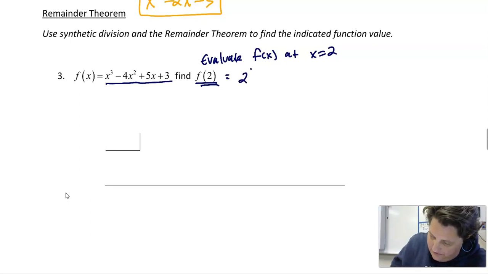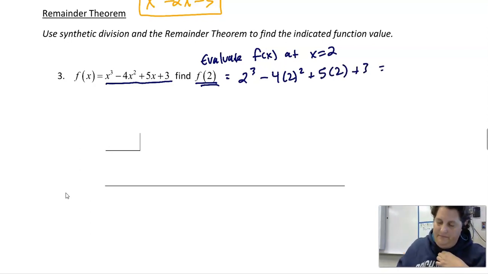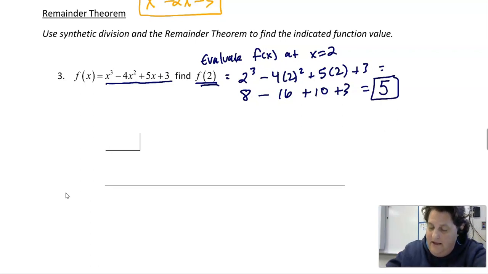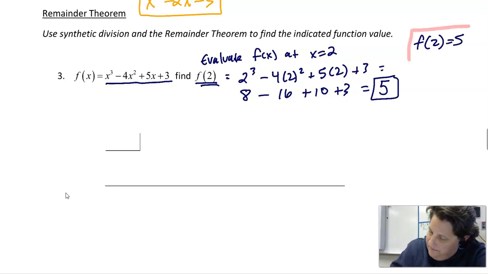So I'm going to get 2 to the third minus 4 times 2 squared plus 5 times 2 plus 3, okay? When I do that, I get 8. All right, 4 times 4 is 16 plus 10 plus 3. So 8 plus 10, that's 18, 19, 20, 21, minus 16 is 5. When I plugged in 2 for x, I got 5, okay, which tells me f of 2 is 5. Okay, that's what I figured out right here.